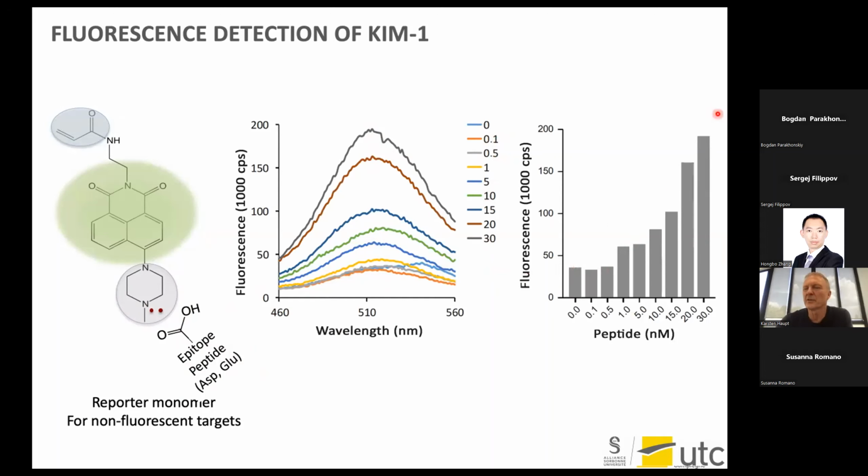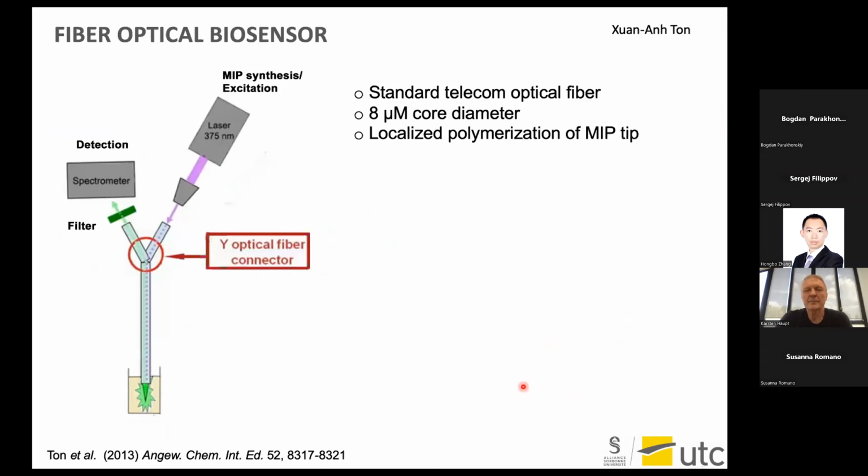So this graph could directly be used as a calibration curve in order to measure, simply by adding these molecularly imprinted nanosensors into a sample from a patient and measuring the fluorescence compared to a standard. So this is very nice, and it shows that there is really a potential to use these materials in bioanalysis.